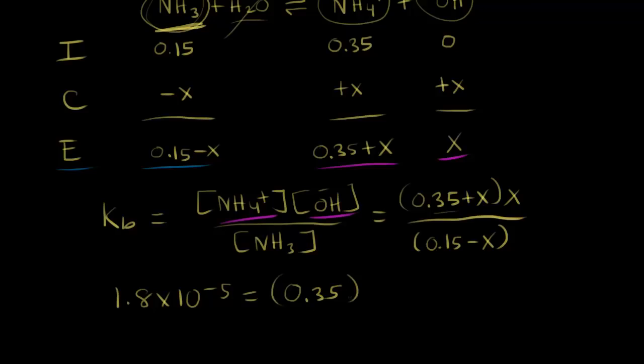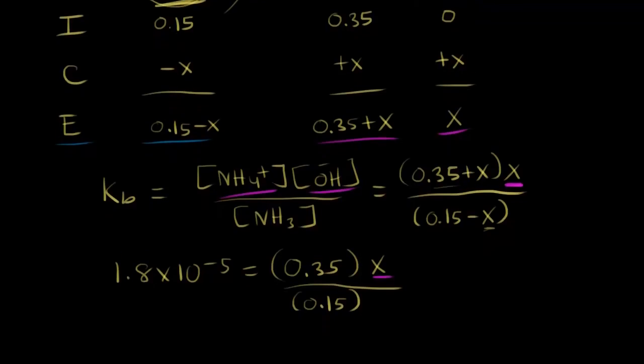So 0.35 plus X is pretty close to 0.35. So this is times X, and let me just make sure you understand this X is this X. And then once again, 0.15 minus X, if X is a very small number, that's approximately equal to 0.15. And so now we would have this, and we need to solve for X.